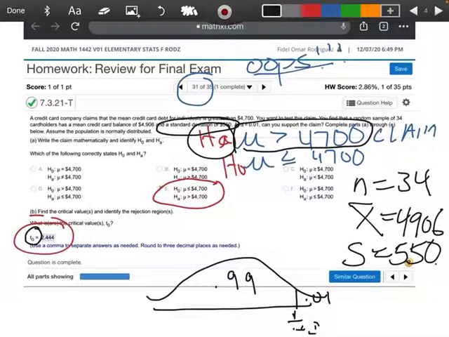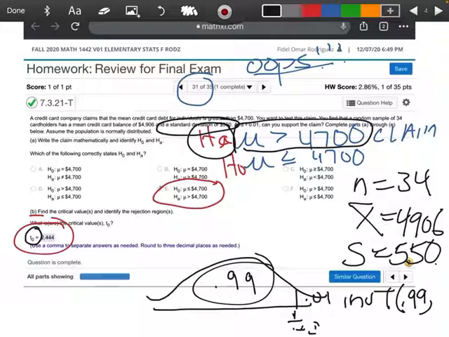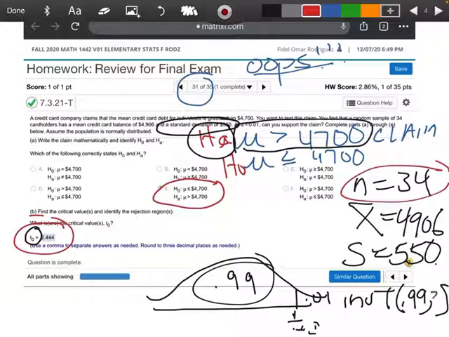I'm still going to use the idea that the area to the left is 0.99, but instead of inverse norm, I need to do inverse T. So this is 0.99. The next number I have to put here is my degrees of freedom, which is always one less than my N, so it's going to be 33.